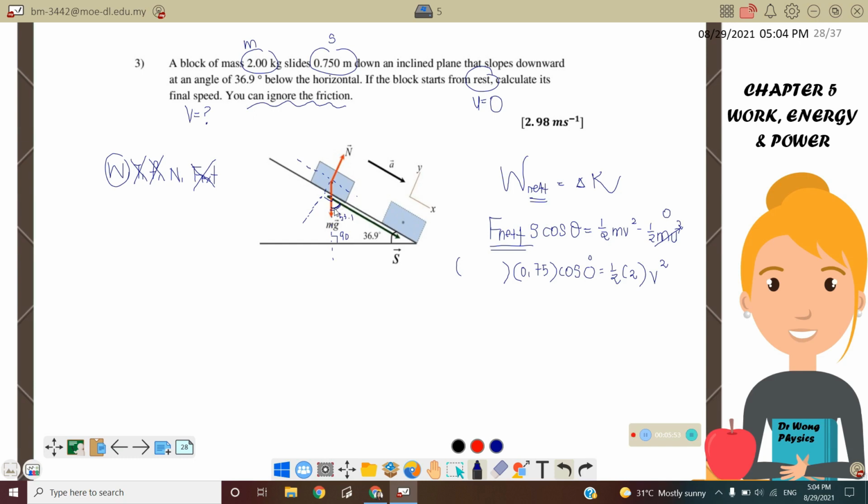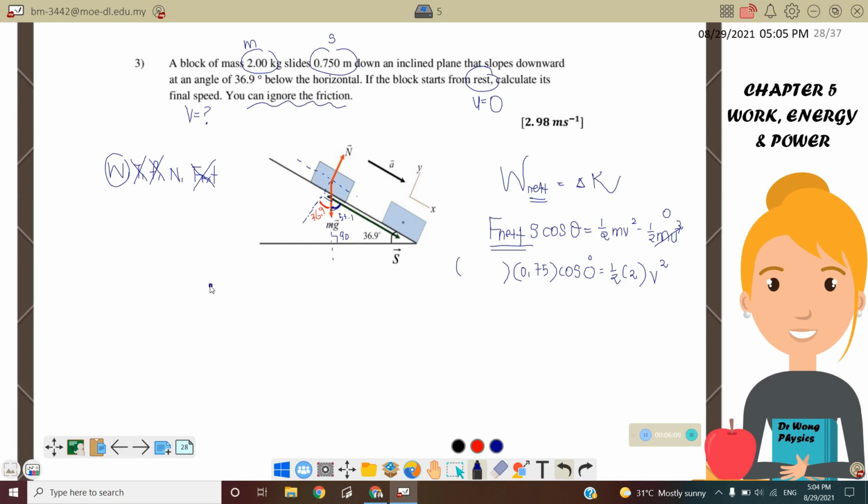So if here is 53.1, the angle between the vertical and mg will equal 36.9.